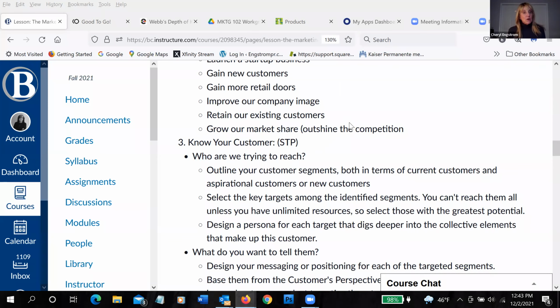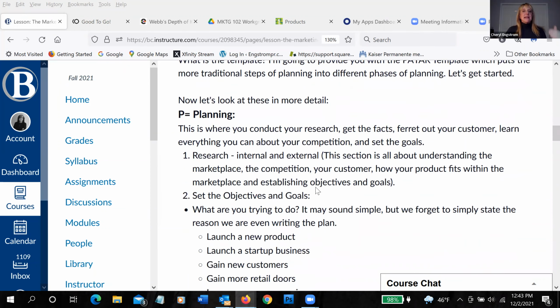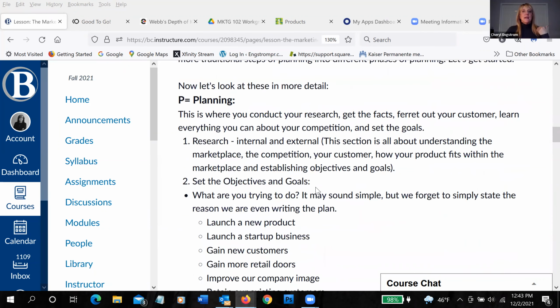Michelle, in terms of order, the order I'd like you to follow going into this, you don't have to say planning, you don't have to use PATER at all, but just the idea that the research and all of your preliminary things are building up. So understanding who you are, who's your customer, who's your competition, all of that's at the beginning.